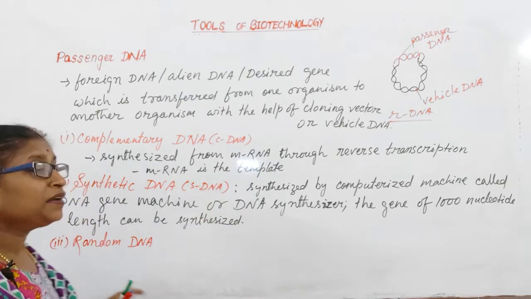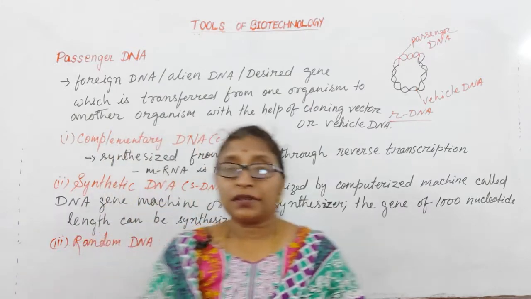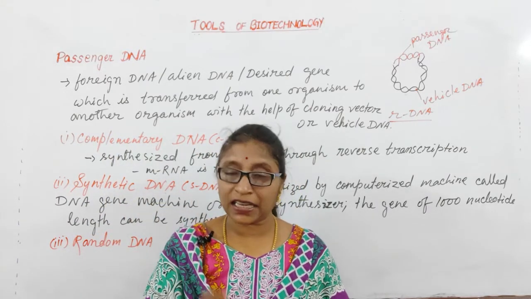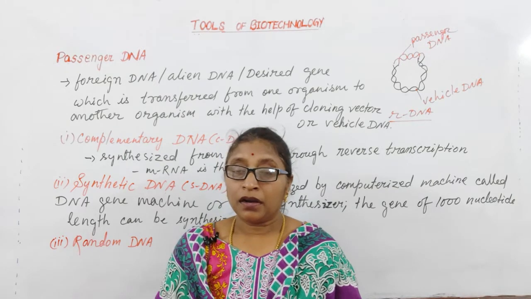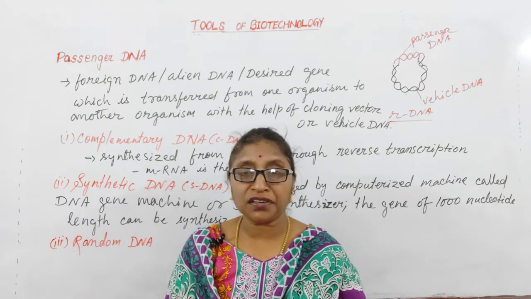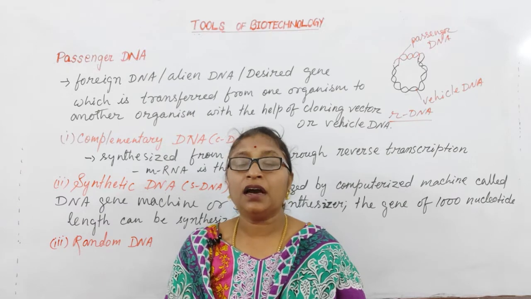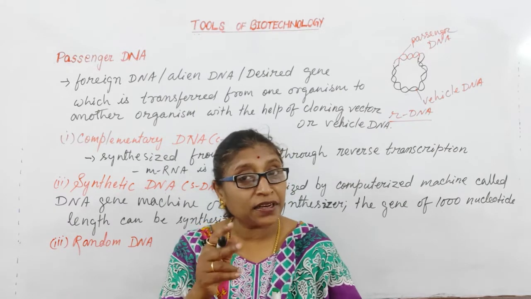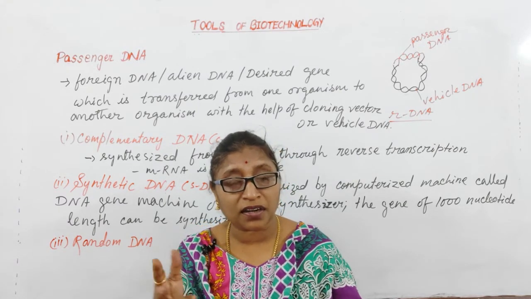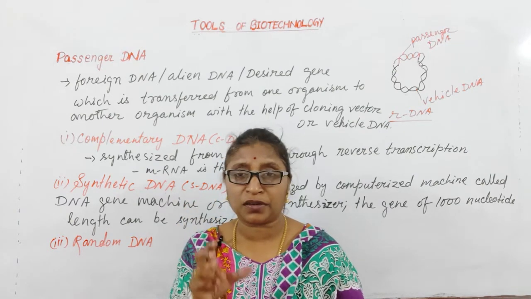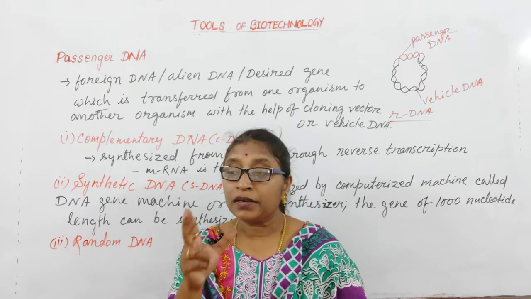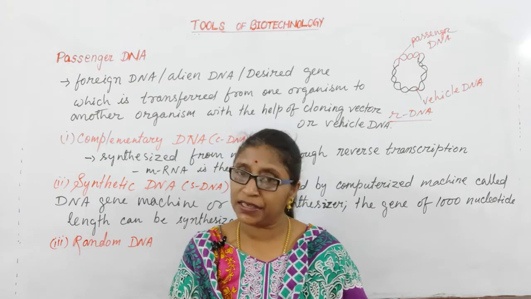Random DNA is the DNA segment or the gene extracted from the chromosomal DNA by using the restriction endonuclease, to cut the required gene, or to clip the DNA to obtain the required gene.